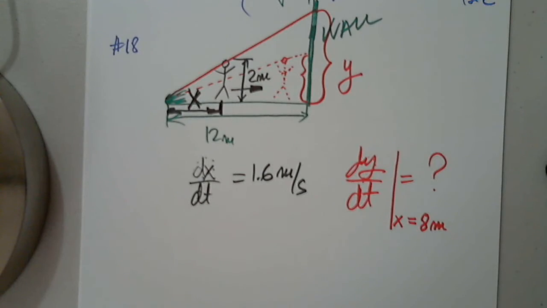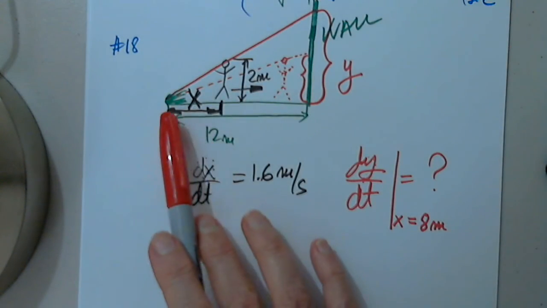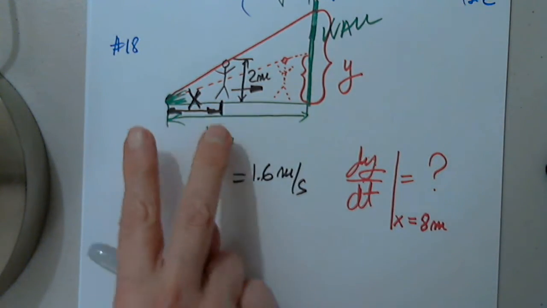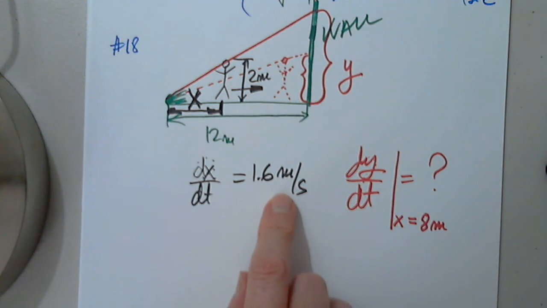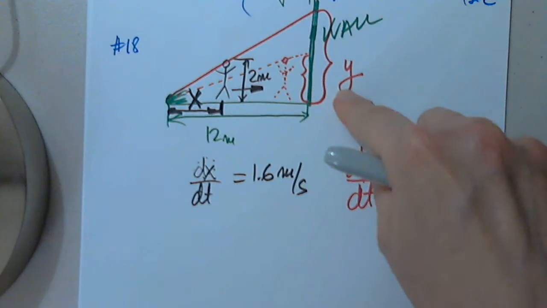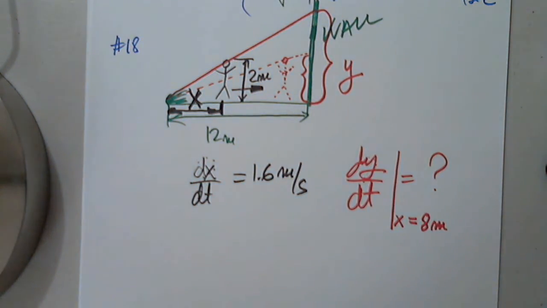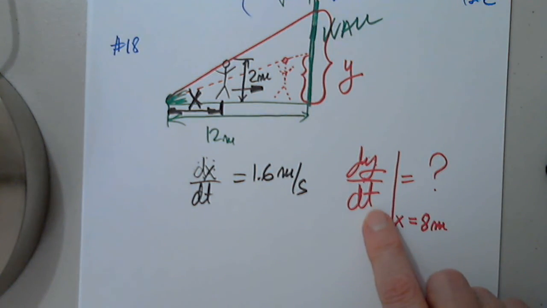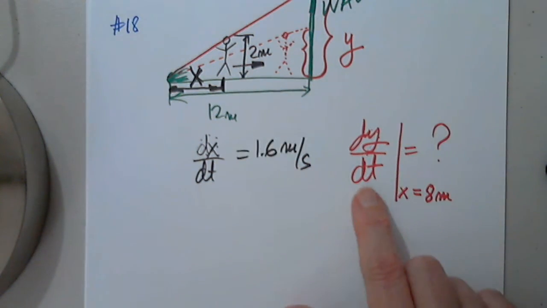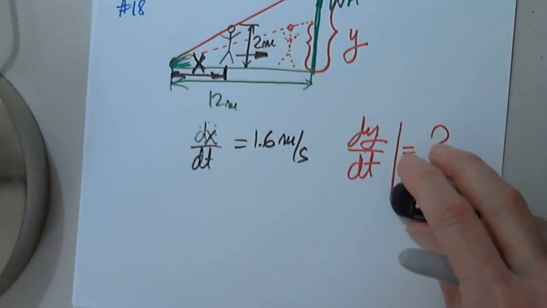Okay, so we established that he walks, in other words, his rate of change of x with respect to time is 1.6. At the same time, when he walks towards the wall, his shadow is changing with respect to time. And this is what we are asked, and forget about this.